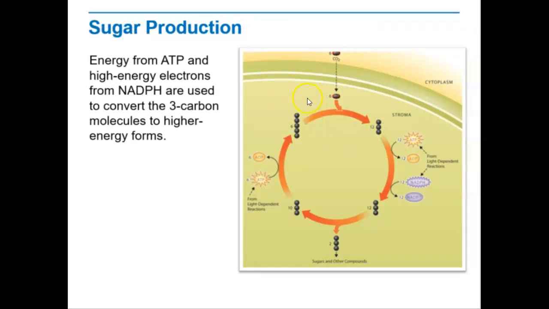All right, and you can see these 6-carbon compounds are a byproduct, right? So they're being recycled over and over and over again. Energy from ATP and high-energy electrons from NADPH are used to convert the 3-carbon molecules to higher energy forms. Okay, and that is where we get these sugars and other compounds.